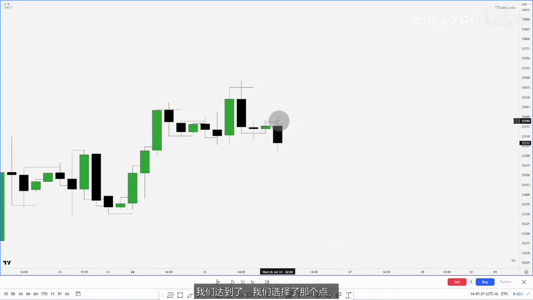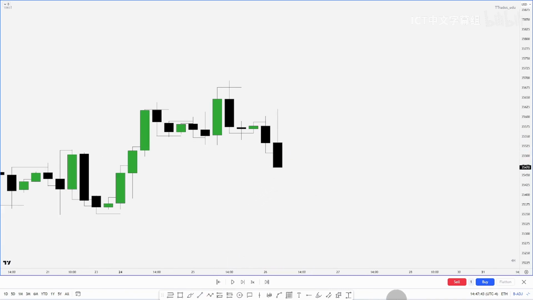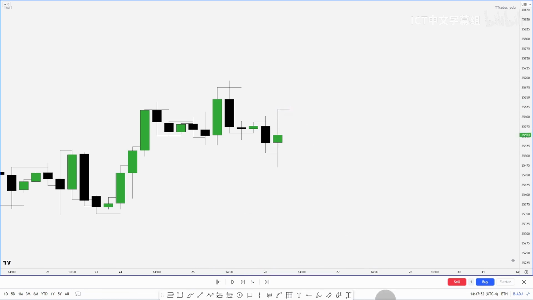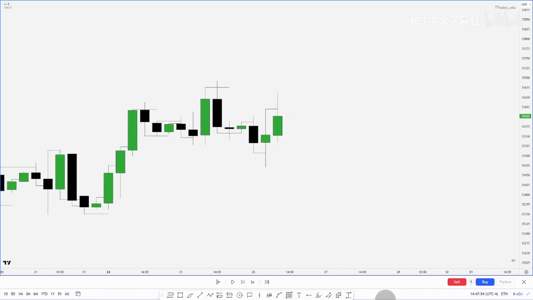There we go, we take that, close lower, so I'd be looking for a reach of this previous candle's low. Take this, close back inside, so from here, I'd be looking for the previous candle's high. And right there, close back in, so I'd want to be looking for this low.